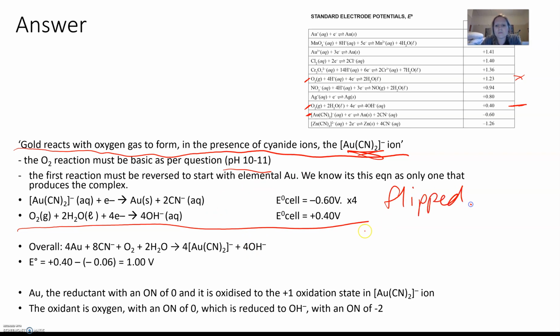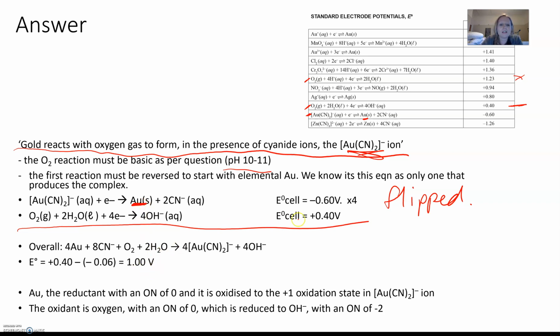The reason why is because we have to start with elemental gold, because that's how gold exists in its ore. It's just that it's stuck with other impurities. So that means we have to make sure that this top reaction gets oxidized instead and the bottom reaction gets reduced. And just to confirm, it's because we know that Au exists as the element in its ore.